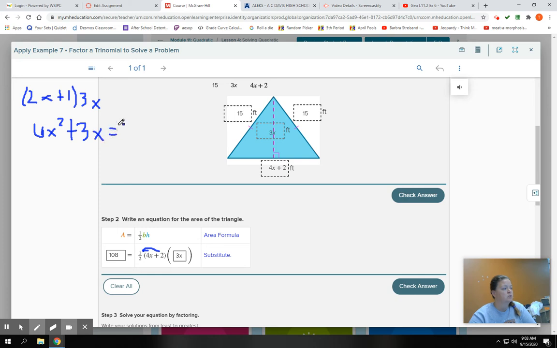And we know that's equal to 108. Now we can continue. I can't scroll with this on there. That's okay. We continue. We can subtract 108 from both sides.